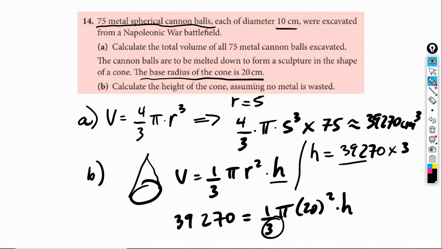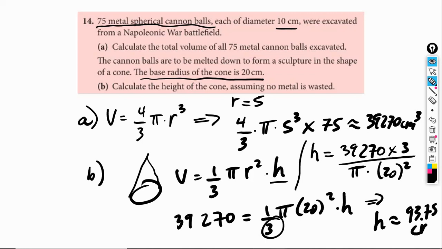Times 3, and this divided by pi times 20 squared. If we plug this in the calculator, it should give us that the height is approximately 93.75 centimeters. Don't forget the units, guys, centimeters. So that would be the answer.